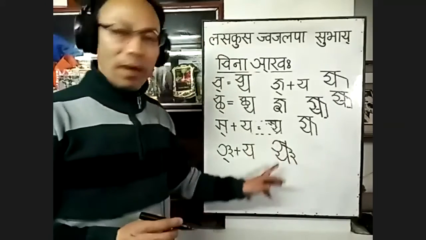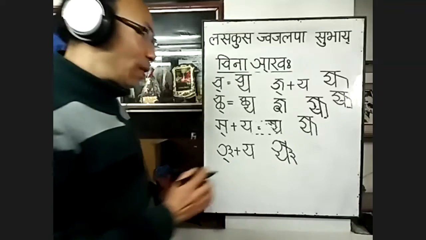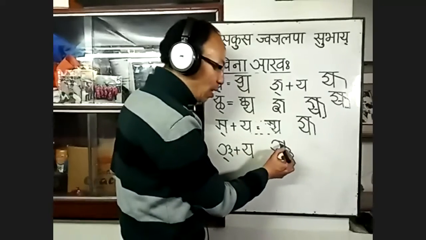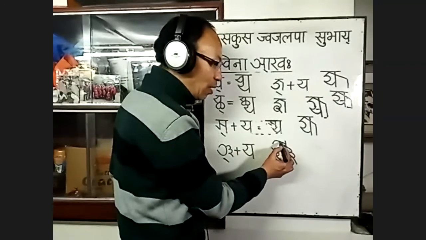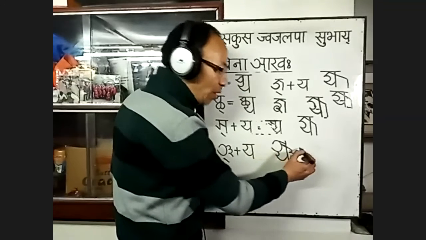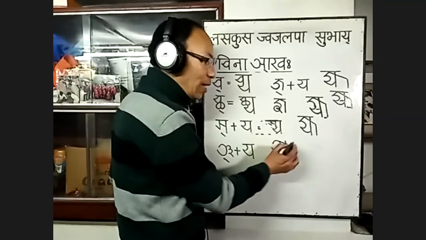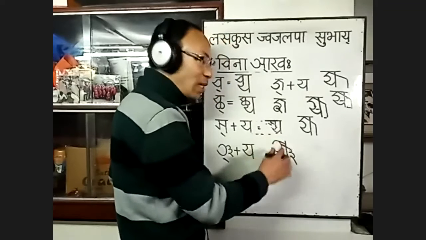Yes, it is also correct. I don't say it is not correct, but since this la comes out from here, we only need a single line here. We don't need to write two lines. But if you write two lines, it is also correct.